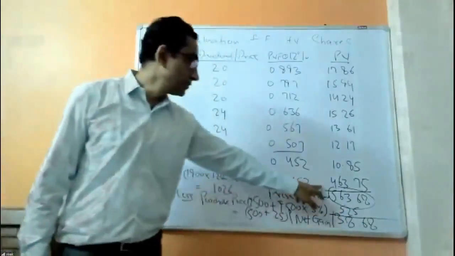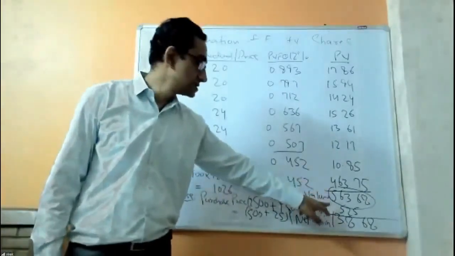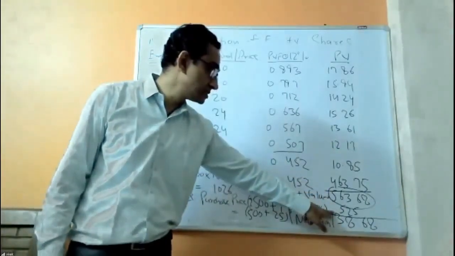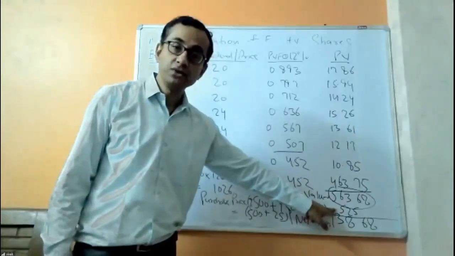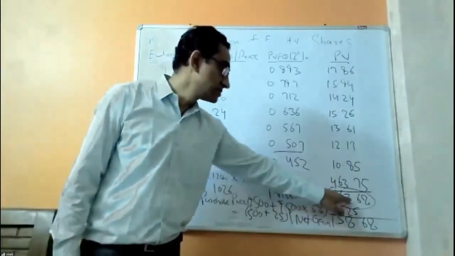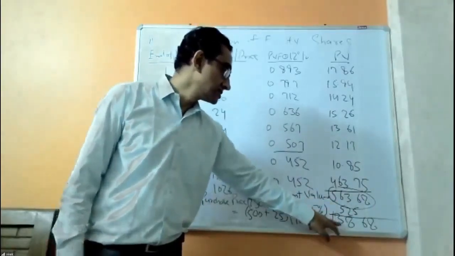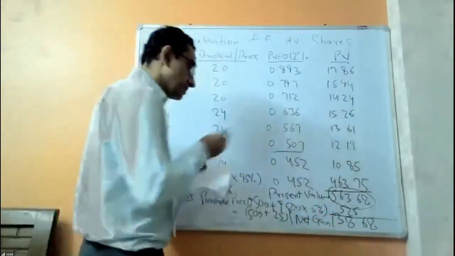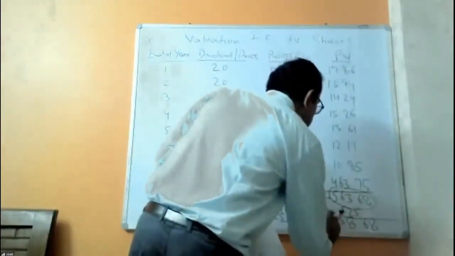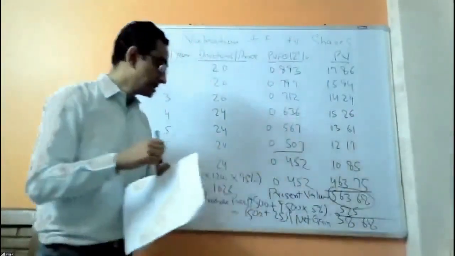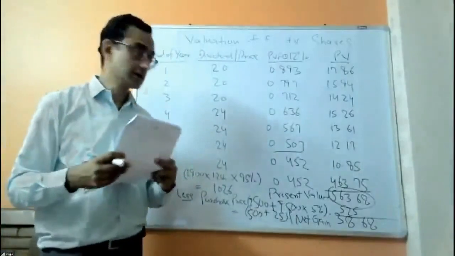So present value 563.68 is more than the acquisition price, which is 525. So 563.68 minus 525 purchase price, that is 38.68, is actually the net gain, or it is a capital gain.